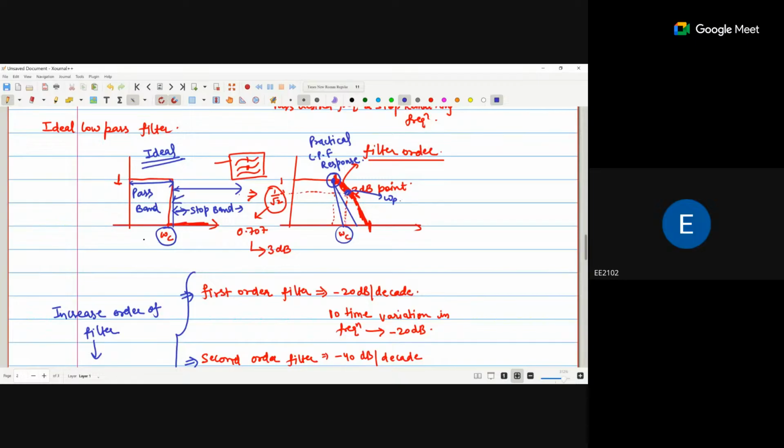So when the frequency omega is equal to omega p, the magnitude is 1 upon root 2.